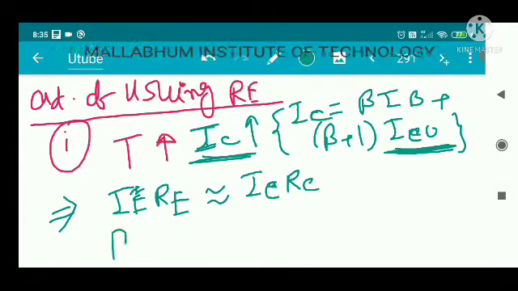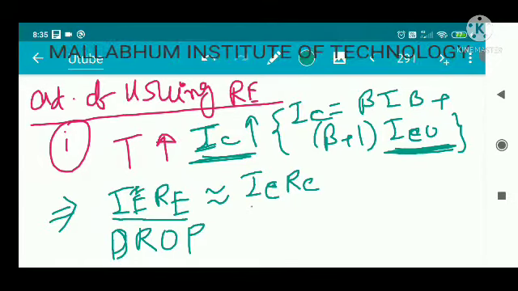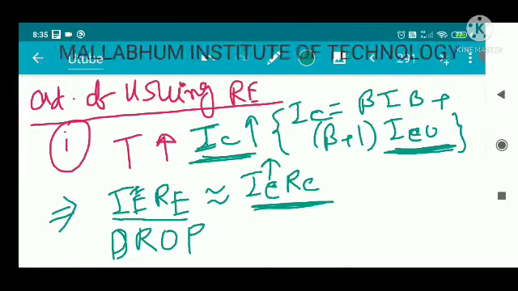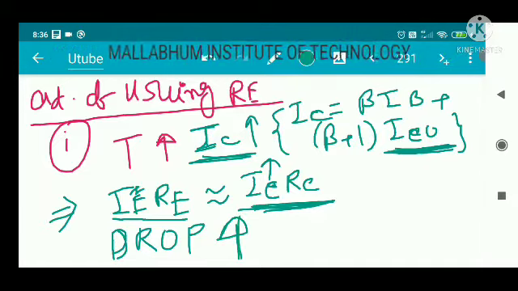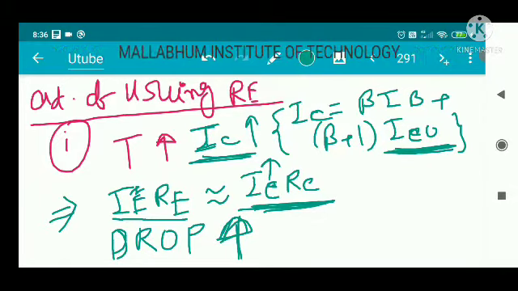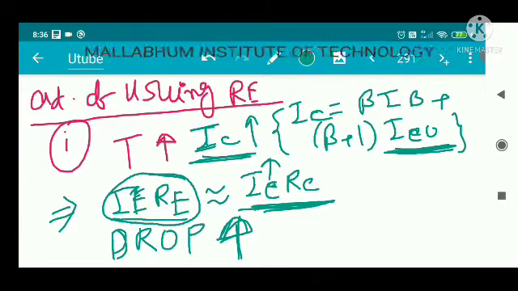So if IC increases, the voltage drop across the emitter, IC-RE, will also increase. So you can say that the IE-RE drop, the emitter resistance drop, will also increase.